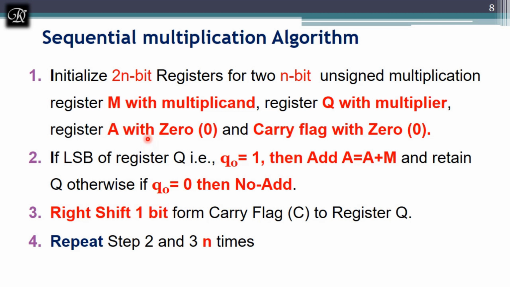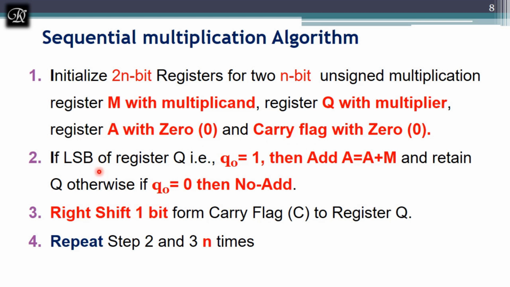We discussed the carry flag, the zero flag, the overflow flag, and the sign flag. So we are making use of the carry flag right now. This is the initialization: take up M, Q, and A. M will be assigned the multiplicand, Q the multiplier, A will be assigned 0, and the carry flag will be initially set to 0.